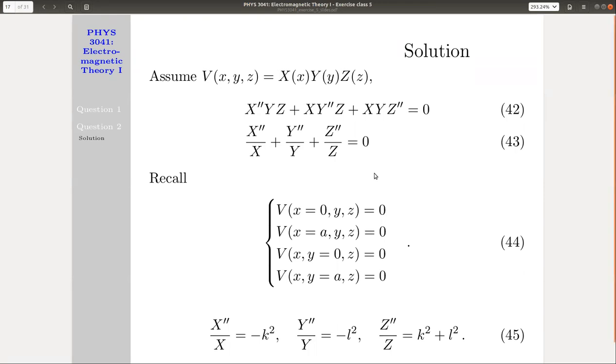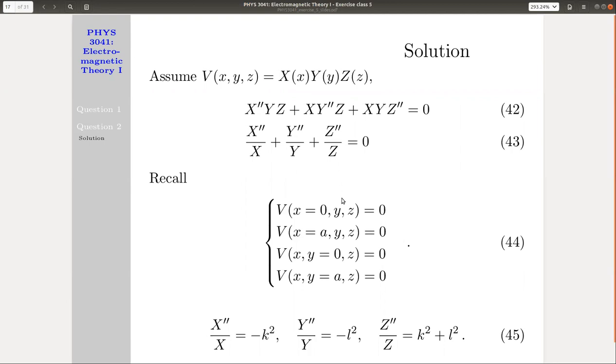And then by inspecting the boundary conditions, because along the x direction the potential is 0 on the two walls, and along the y direction the two walls are also held at 0 potential, the solutions of X and Y have to consist of sinusoidal functions.